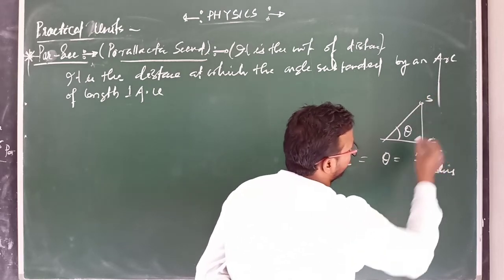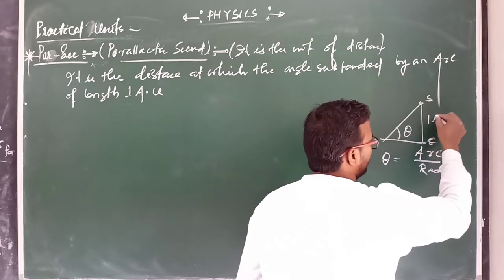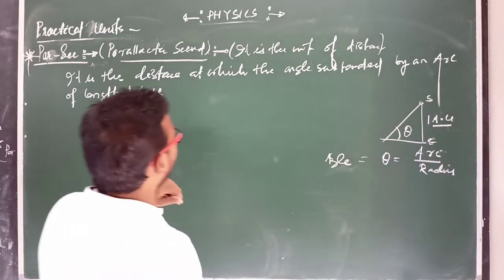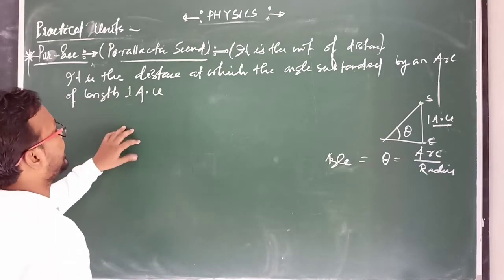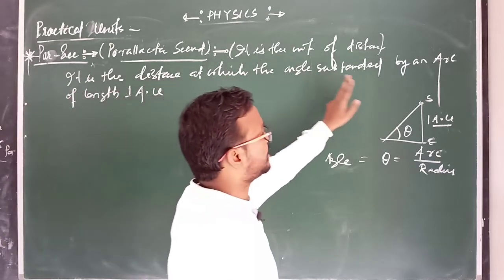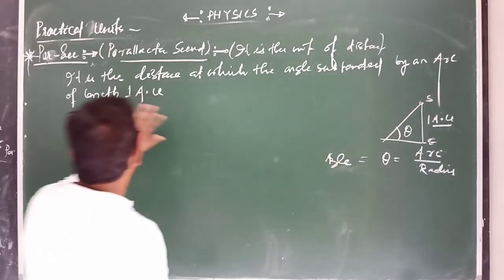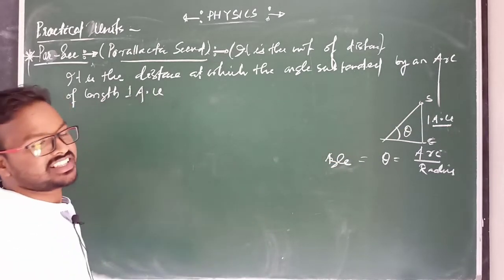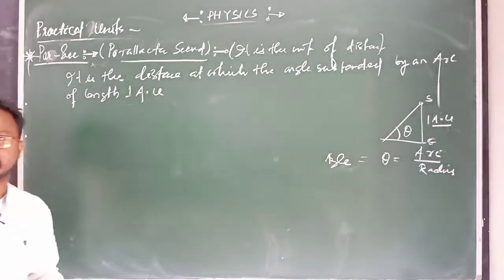Suppose this is earth and sun, and the distance between them is equal to 1 astronomical unit. We have to find the value of parallactic second: the distance at which the angle subtended by an arc of length 1 astronomical unit is 1 second, and at that time the radius is known as 1 parallactic second.